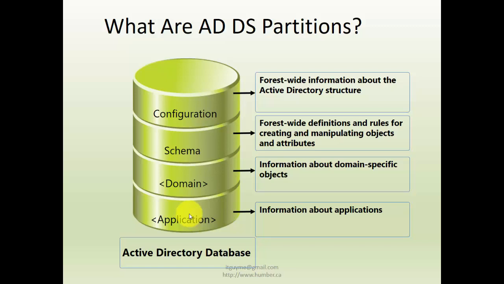Exchange integrates. When you install Exchange Server, you will find its information in the application partition. Whatever integrates, you're going to find its information in the application partition of Active Directory. SharePoint as well, definitely. There are many others that integrate with Active Directory. So what about Radius? Yes, it integrates with Active Directory, definitely.